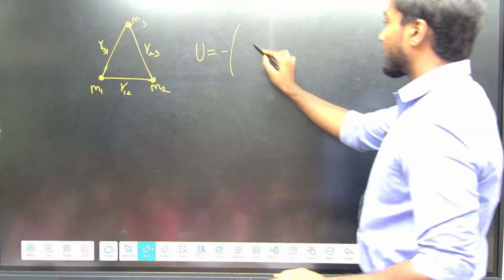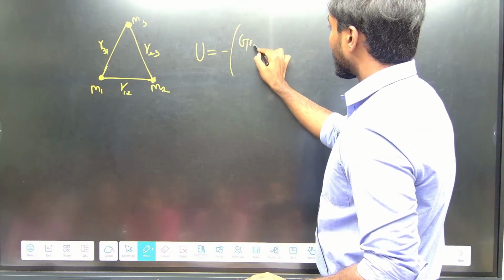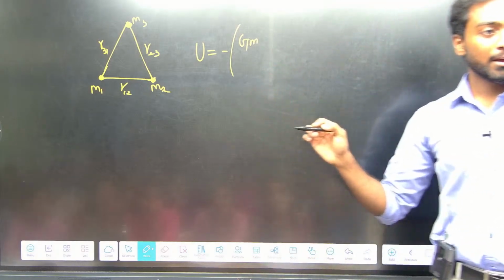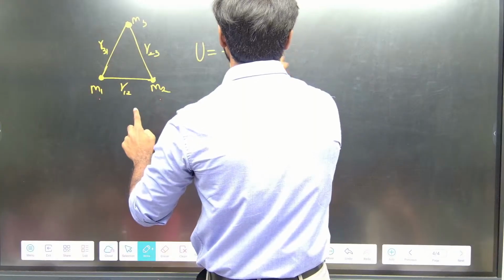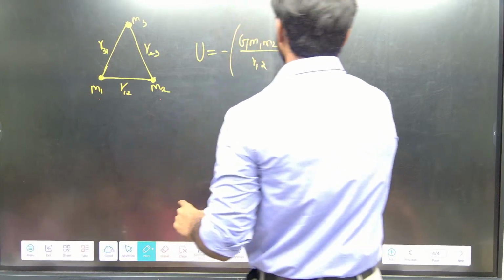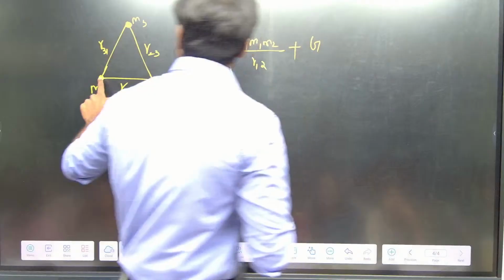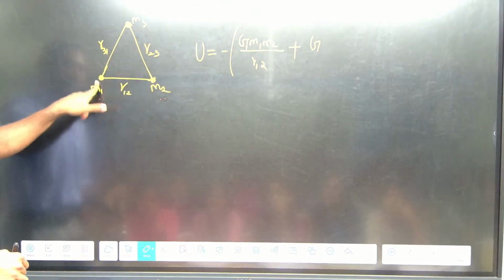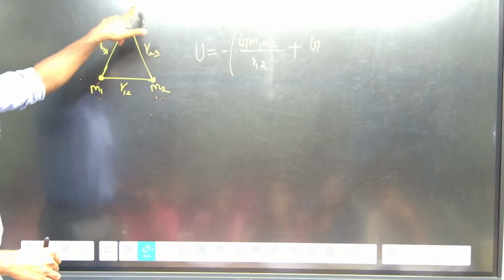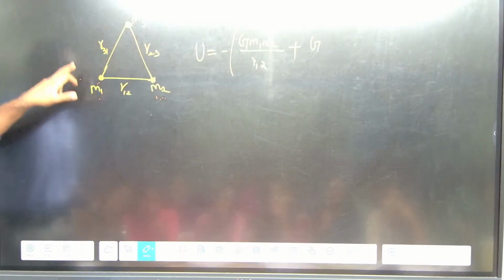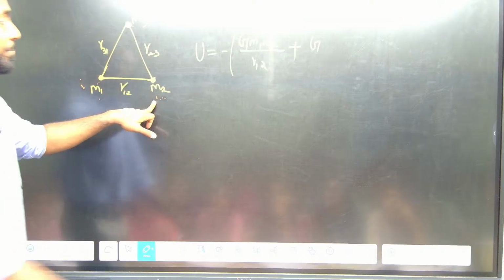What is the formula? G m1 m2 by r. So if I consider m1 and m2, what is the distance? r12 plus, so one is acting on 2, and one is acting on 3. If I consider 2 is acting on 1, 2 is acting on 3. If I consider 3 is acting on 1 and 3 is acting on 2.